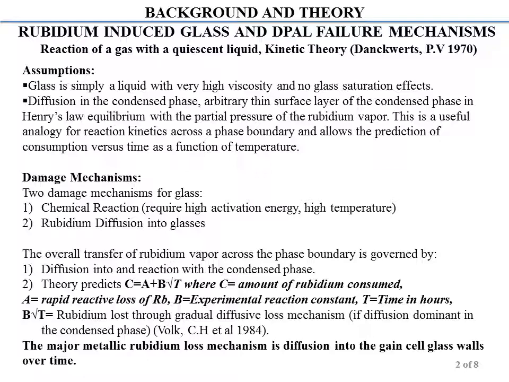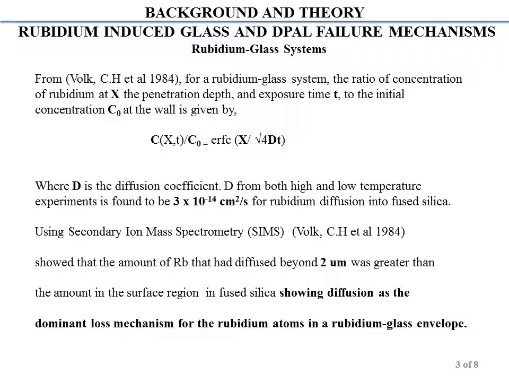Essentially, the major metallic rubidium loss mechanism is diffusion into the gain cell walls over time, as determined by Volk. We continue on the next slide with rubidium glass systems from Volk again, and it gives a relationship between the penetration depth of rubidium, the exposure time t, and the initial concentration of rubidium at the wall.